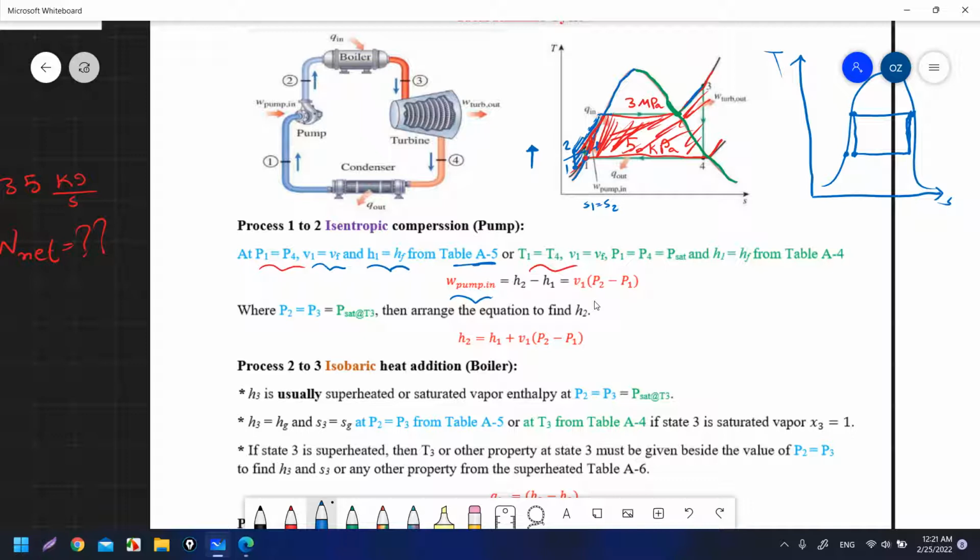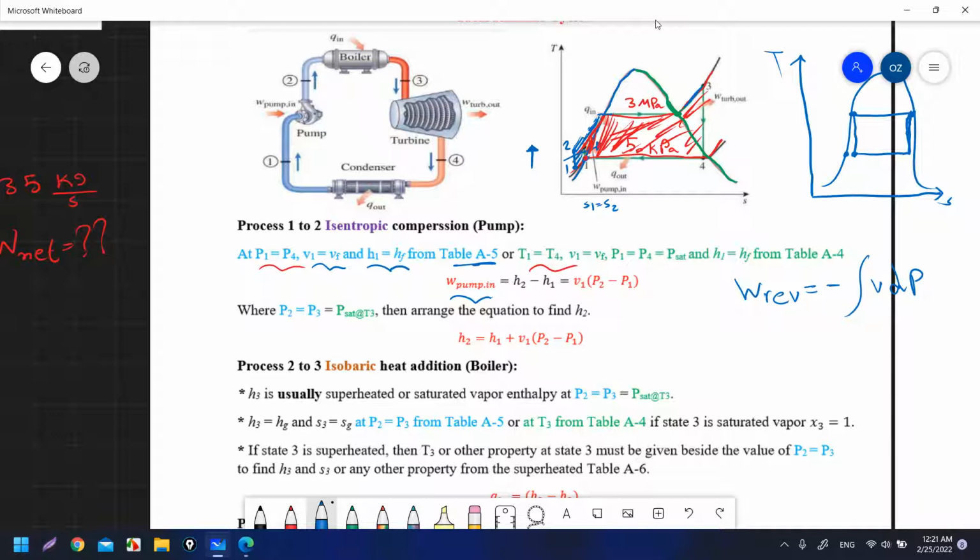And this equation, you don't need to know where it comes from, but if you want to know, you can go to the entropy chapter, I think, and there is an equation for the reversible work, because all of these processes are internally reversible processes. So the work is internally reversible for the pump and turbine in the ideal Rankine cycle, and is equal to negative integral of v dP.